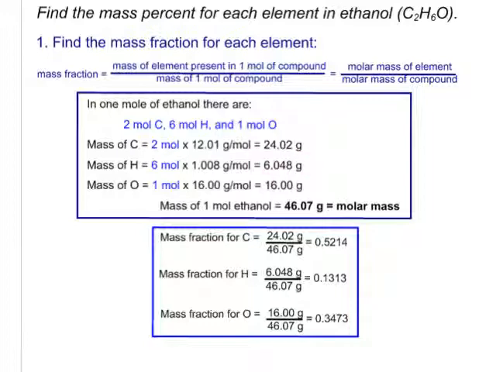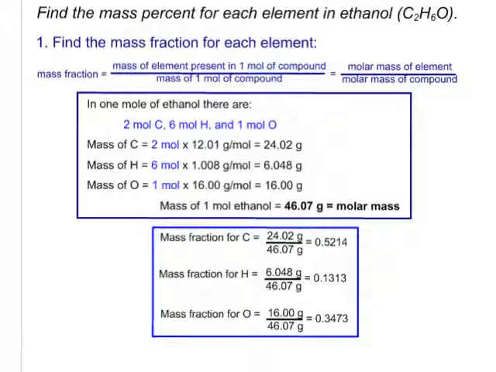That gives us 6.048 grams. And we can do the same for oxygen as well. When we add all of the grams together, that gives us the molar mass of our compound, ethanol. We have 46.07 grams in 1 mole of ethanol.